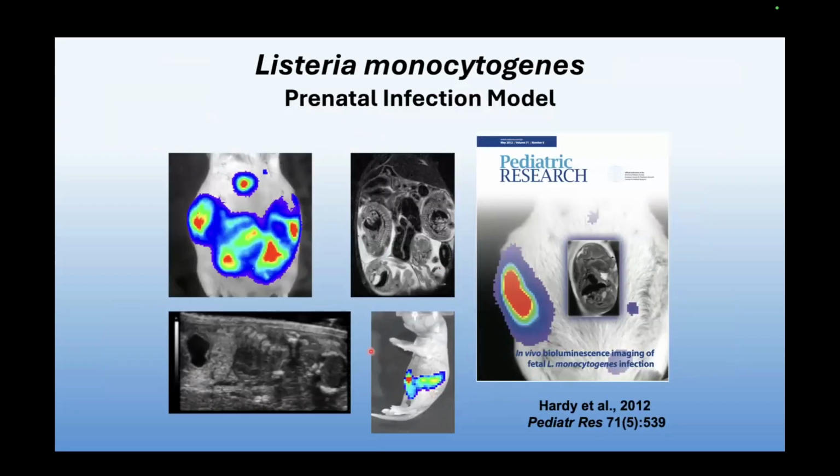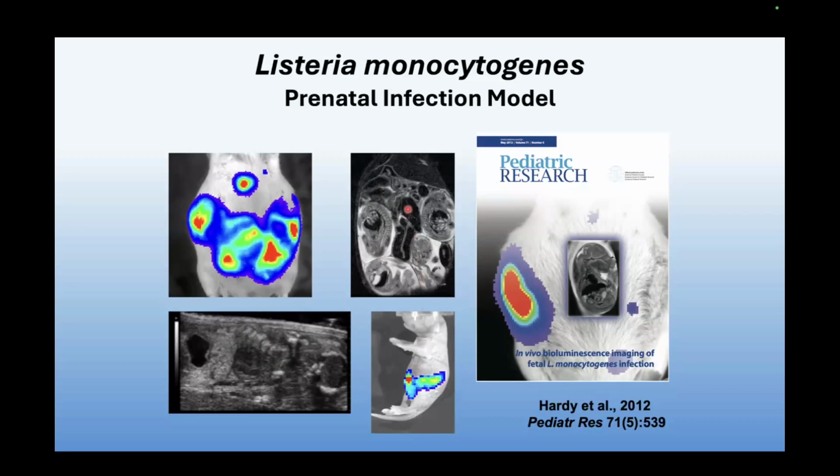So in our prenatal infection model, Listeria infects the placenta of pregnant women. This is how it crosses to the fetus sometimes, and also causes abortion and stillbirth. Here you can see this pregnant mouse infected with Listeria. These are the infected placentas. And then we also use multimodal imaging to look at other aspects of this: ultrasound to measure fetal heart rates, MRI to look at their morphology, and then it can be transmitted to the fetus.